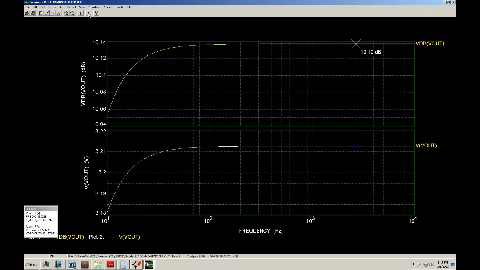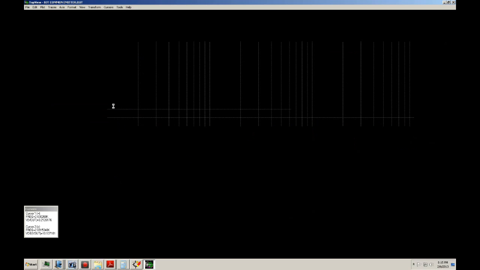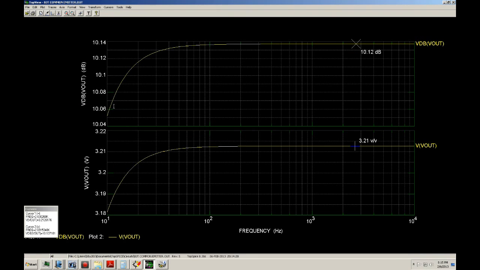That's the gain. So you check the gain both ways. 3.21 volts per volt. That's the gain. And that's it. Yeah. That's how I work for you guys.